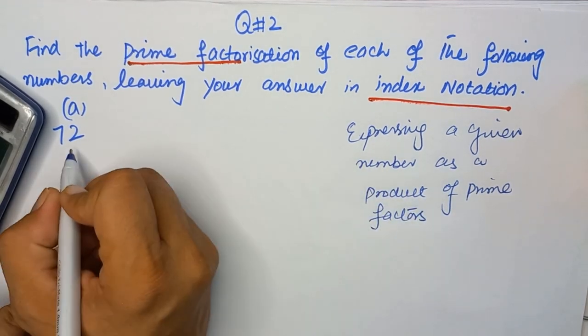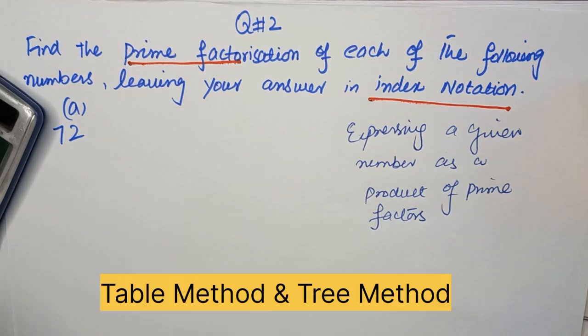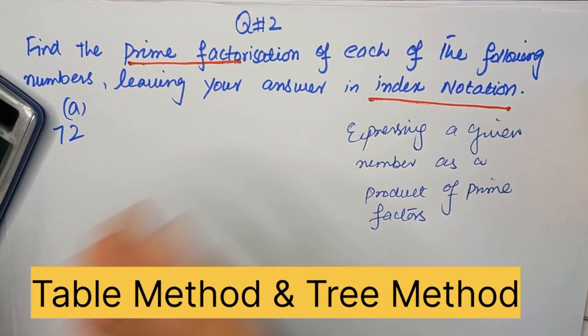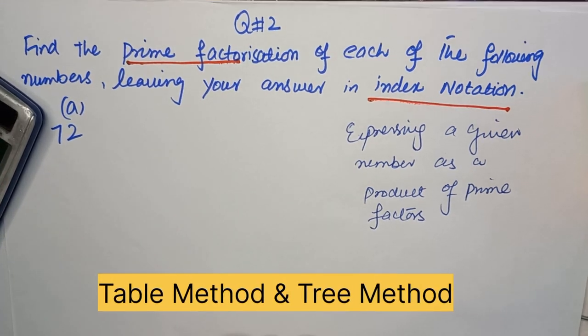So there are two methods of prime factorization. One is the table method and the other is the tree method.